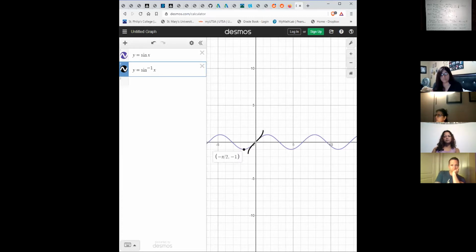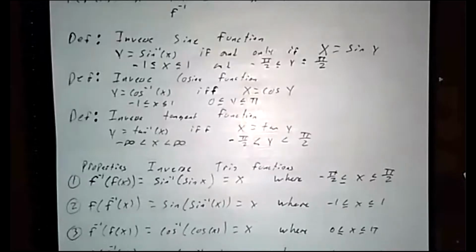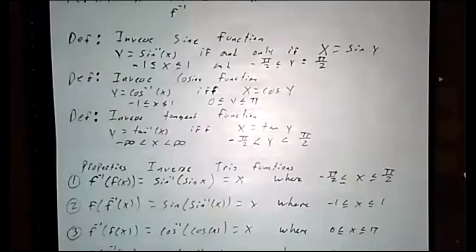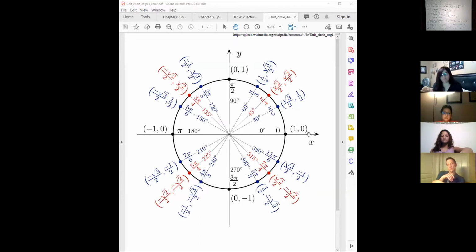So if I want to undo an angle, right? Switch that. So originally I can plug in angles and get values, but if I want to know which value gives me which angle, then I use the inverse and I go backwards. It's just that the inverse has strict domains and ranges.